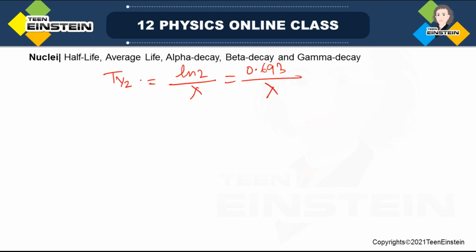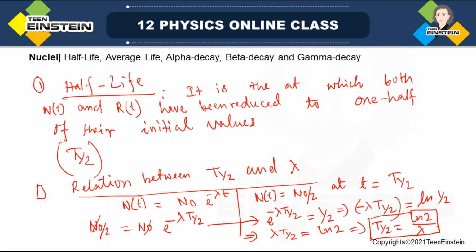If half lifetime is given, you will get the value of lambda using this relationship. Now we'll see another time measurement. I had told you there are two types of time measurements.